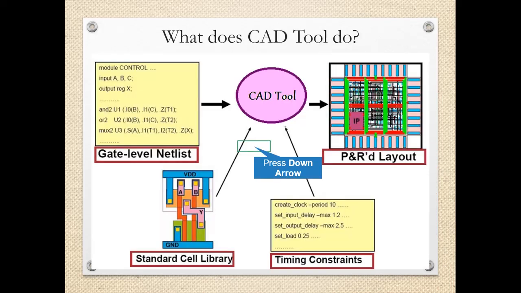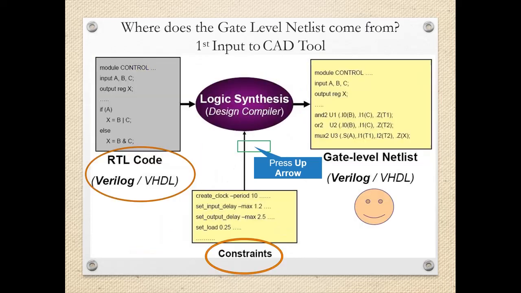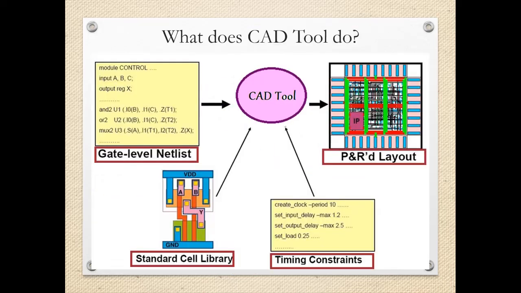Now what does the CAD tool do? So we have gone through the ASIC design flow. There are so many steps involved. So what is the job of this CAD tool? To this CAD tool we have to provide different inputs. Like the first input is the gate level netlist.